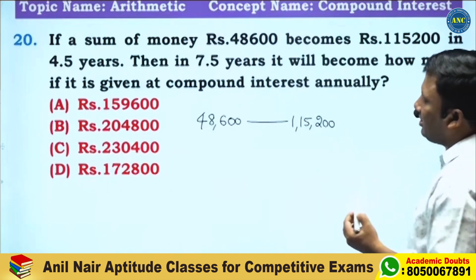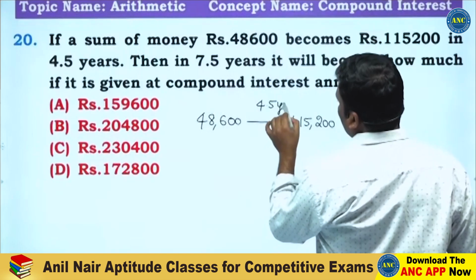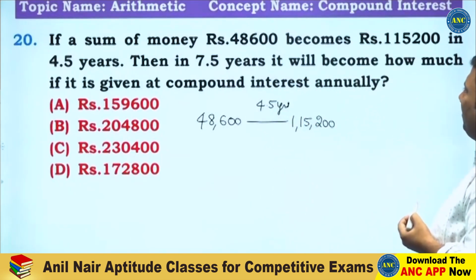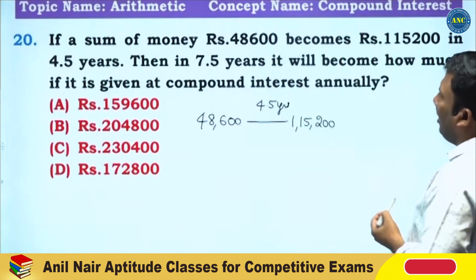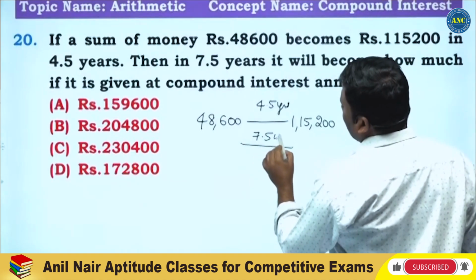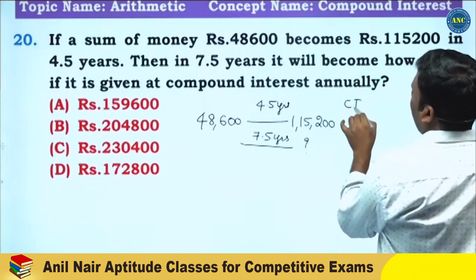How many years is it taking? It is taking 4.5 years. In 7.5 years, how much will it result in? Under compound interest.